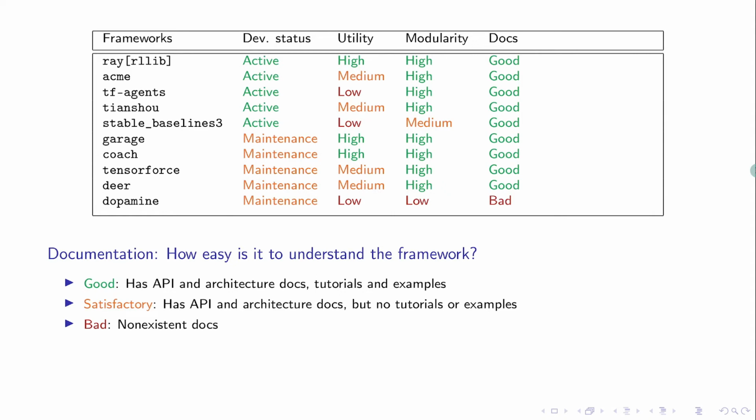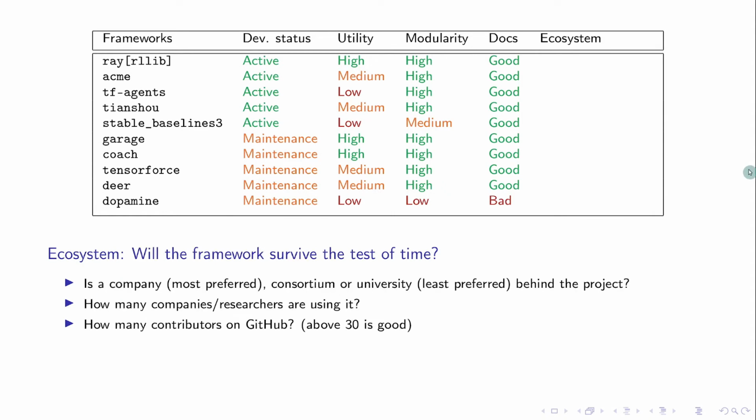The final metric is the strength of the framework's community or ecosystem, and I believe that it is an important factor in determining if the framework will survive the test of time. To judge the strength of the ecosystem, I looked at whether a company, consortium, or university is backing the project, whether companies or researchers are currently using the framework, and the number of contributors on GitHub.